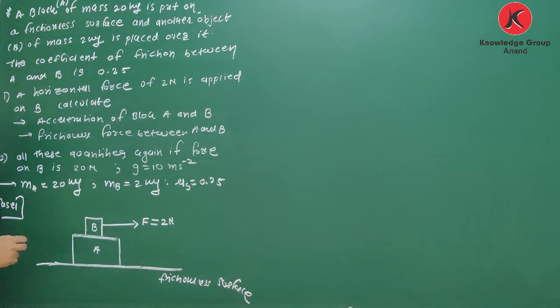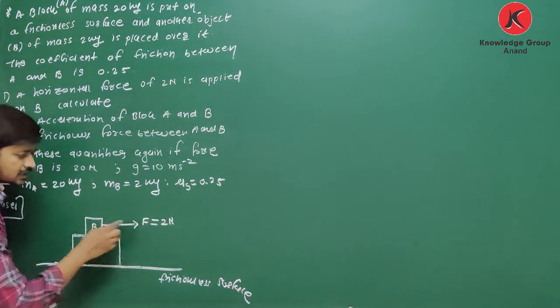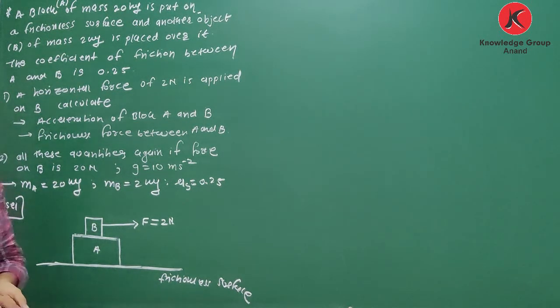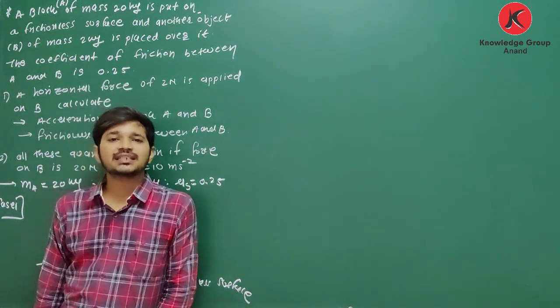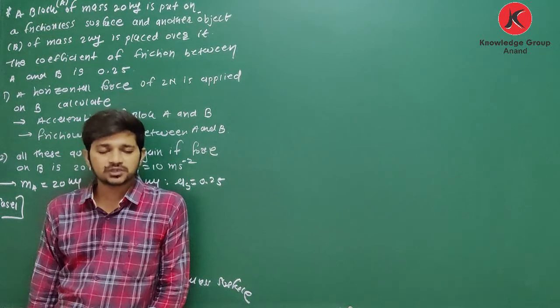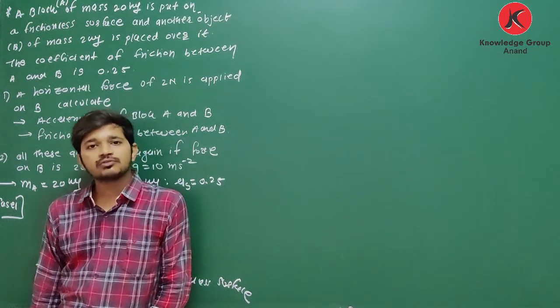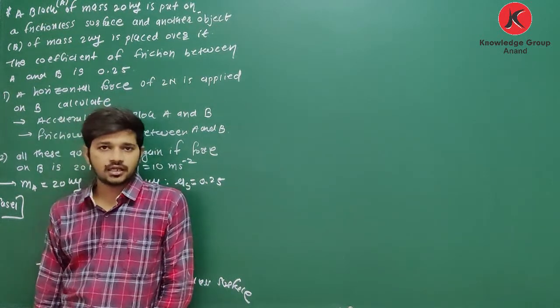But there is one question: due to this external force, F is equal to 2 Newton, is there any relative motion between B and A? We know one result, that if the external force is greater than the maximum static friction between two surfaces, then the object will move relative to the other object. Yes or no?